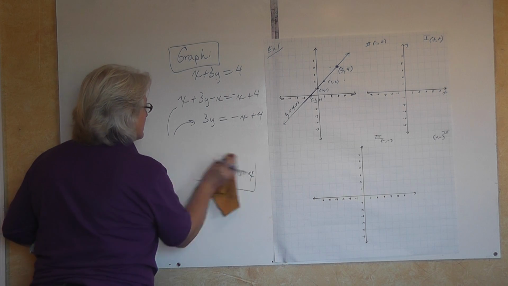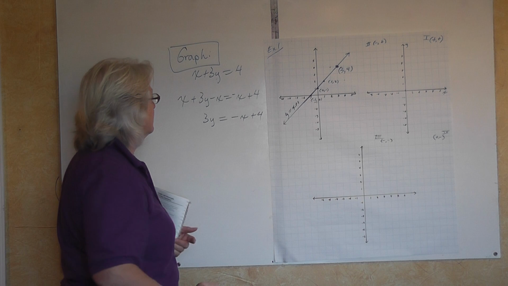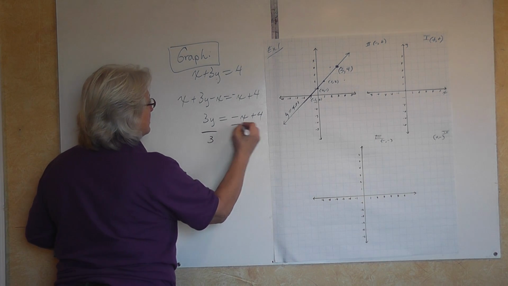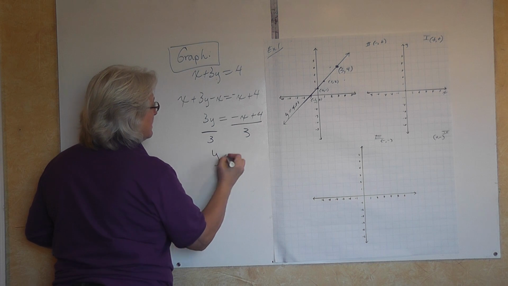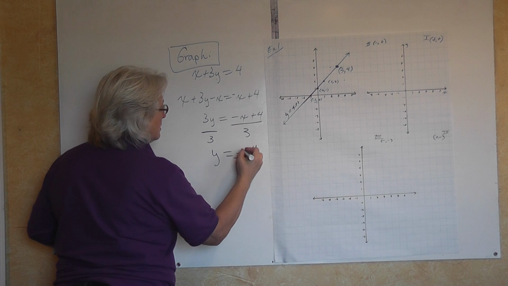So moving right along now, I'm going to get rid of that example here. Now we have to divide both sides of the equation by 3. And we have y is equal to negative x plus 4 over 3.